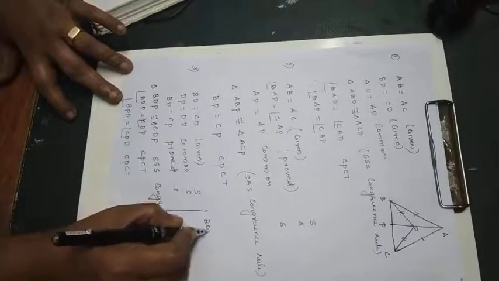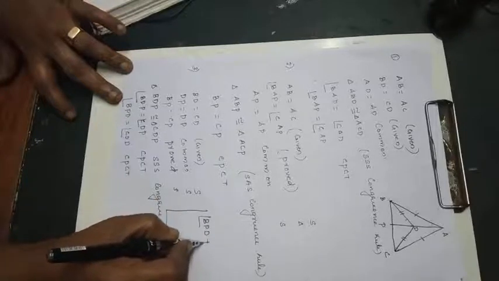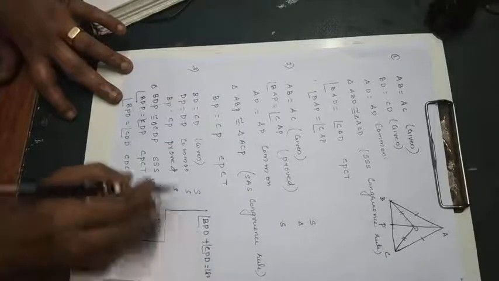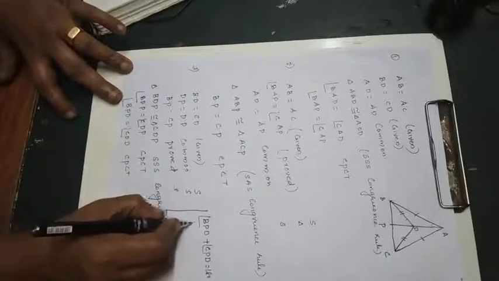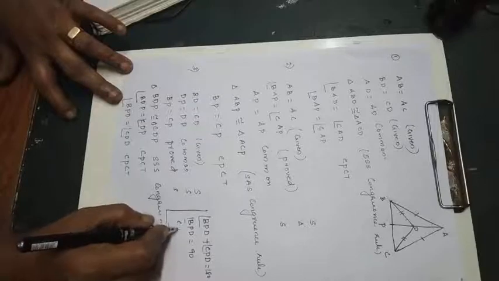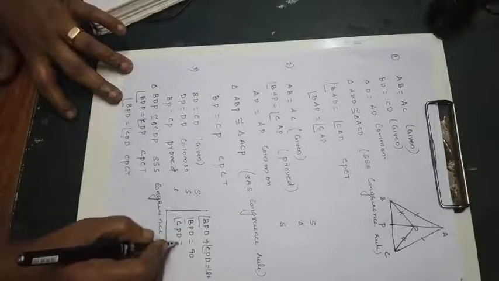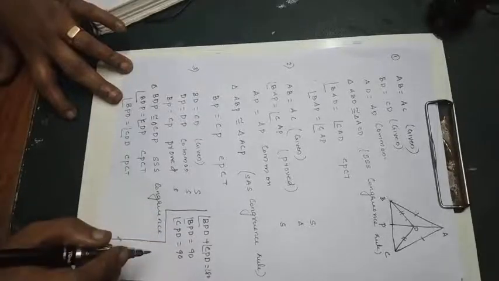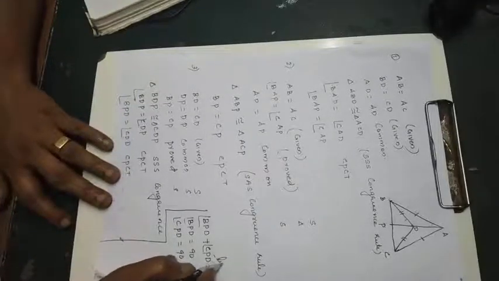So angle BPD plus angle CPD will be equal to 180, and they are equal. That means angle BPD equals 90 degrees and angle CPD also equals 90 degrees. Here you can put linear pair.